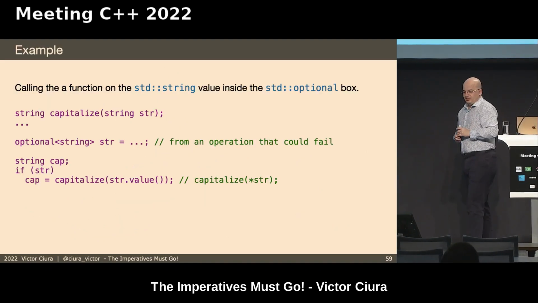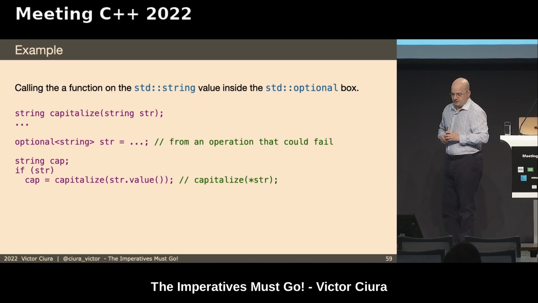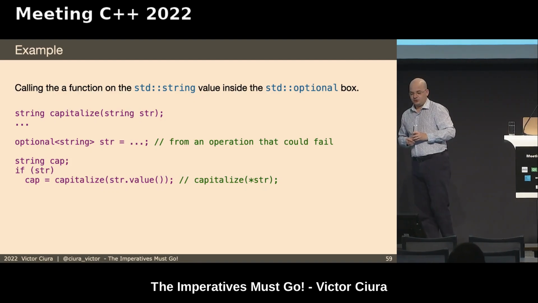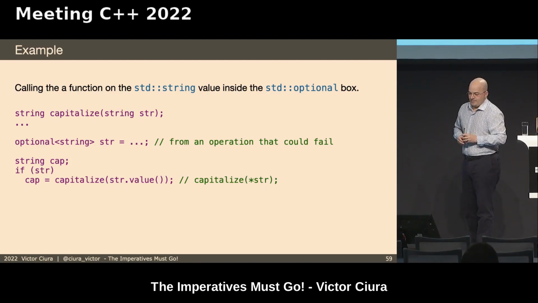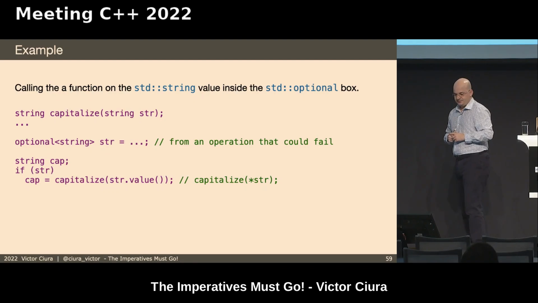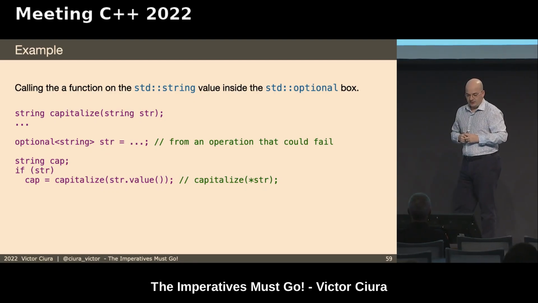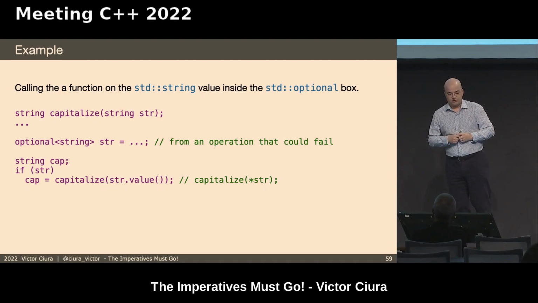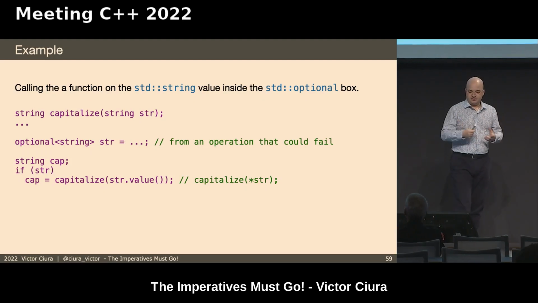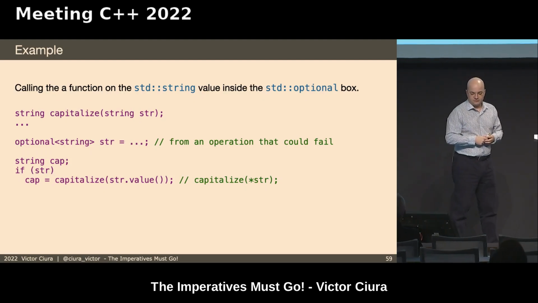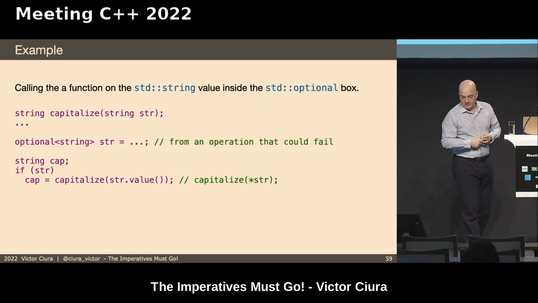And let's see some examples. Let's think about capitalizing a string, right? So we could have a capitalize function that takes a string and returns a string. And we can obtain this string from an API that can fail, and we might not get a string back.